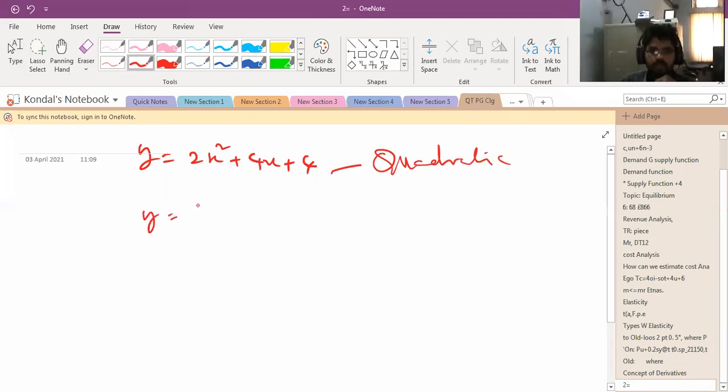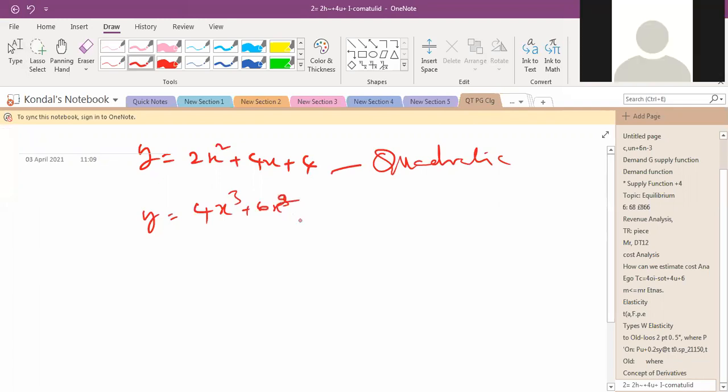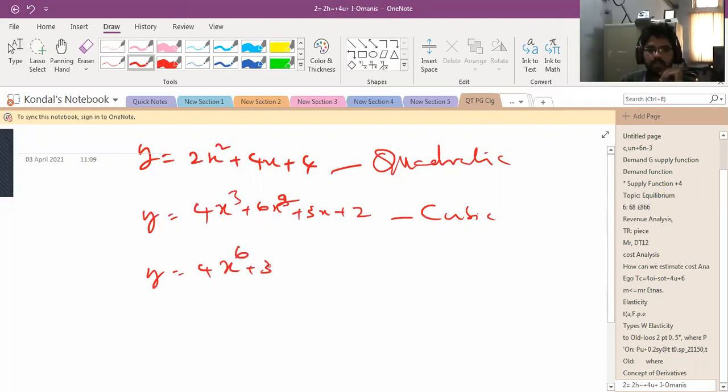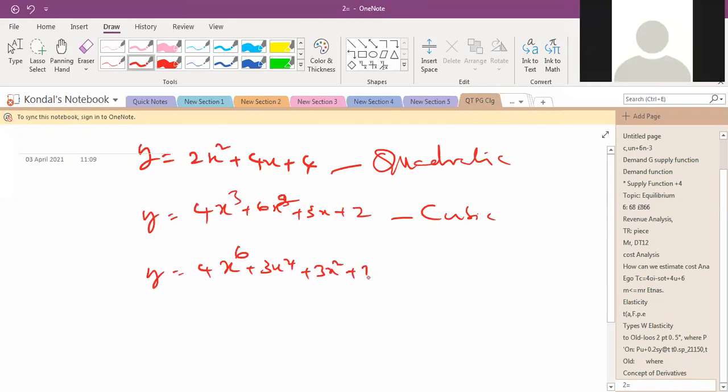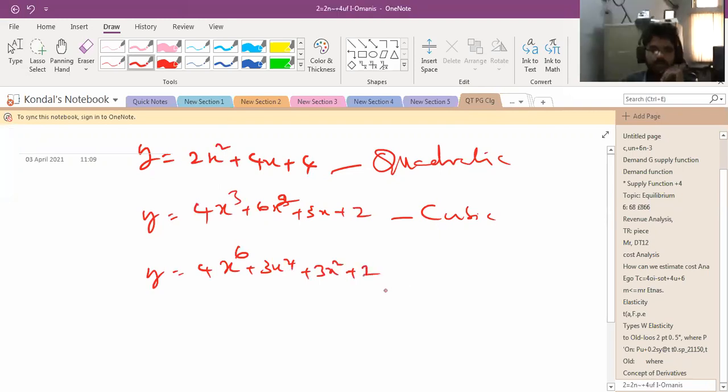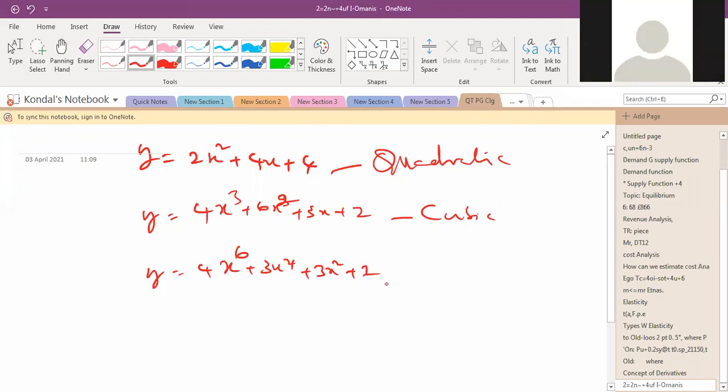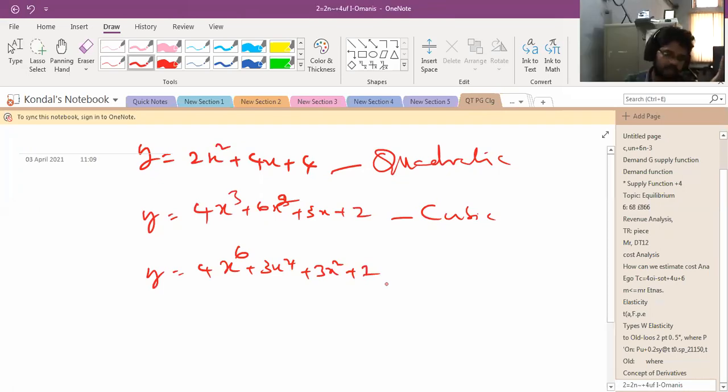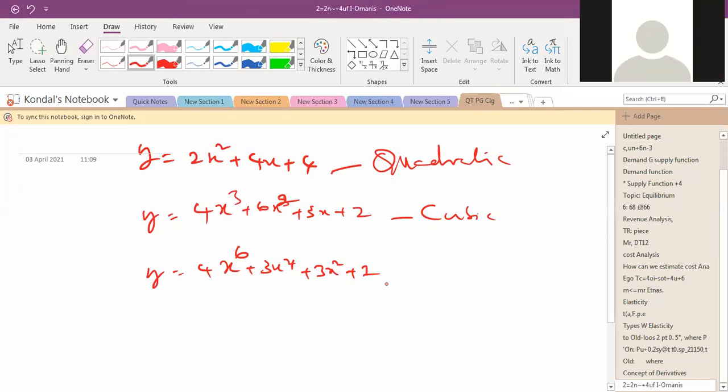For example, y is equal to 4x cube plus 6x square plus 3x plus 2. It is a cubic. For example, y is equal to 4x power 6 plus 3x power 4 plus 2x square plus 1. What kind of equation is it? Yes, it is a polynomial. This is the kind of equations we have.